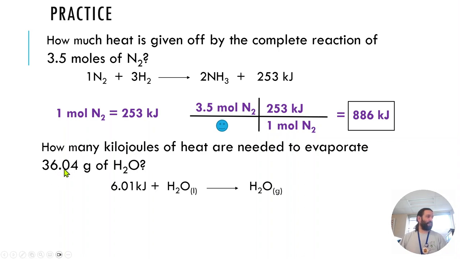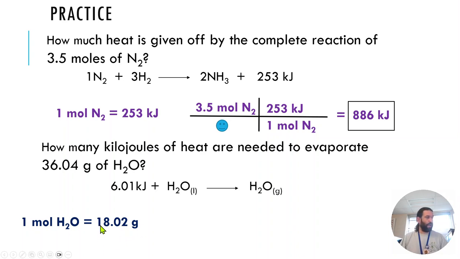Last example says how many kilojoules of heat are needed to evaporate 36.04 grams of water. Well, remember, molar heat is always mole. If we're given grams, first thing we got to do is convert to moles. To do that, we use the molar mass, which says 1 mole of water is equal to 18.02 grams.